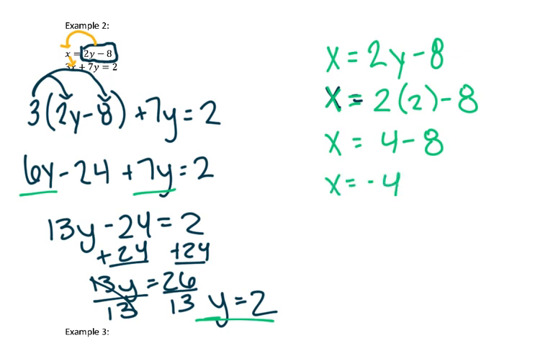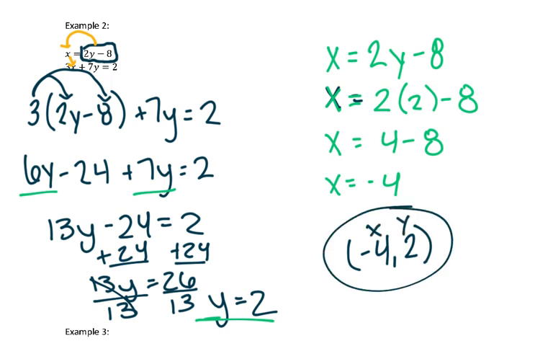X equals negative 4. So what's my answer? Negative 4 comma 2. It has to be x and then y. And again, since this is one point, we would say that this is one solution. One solution happens most often. Occasionally we have infinite and no solution, and we'll see what that looks like in this next example.